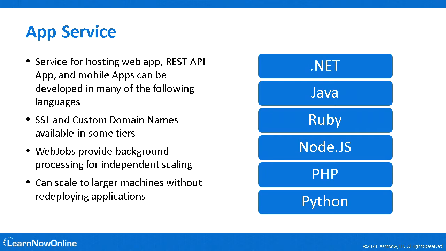We even have facilities like web jobs, which can be associated with the existing app services and do some background jobs and task processing for you. And even though this is a platform as a service, we have scaling facilities added into this, so you can scale to larger machines without redeploying your application.